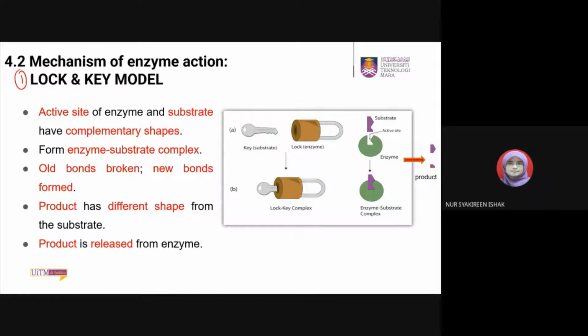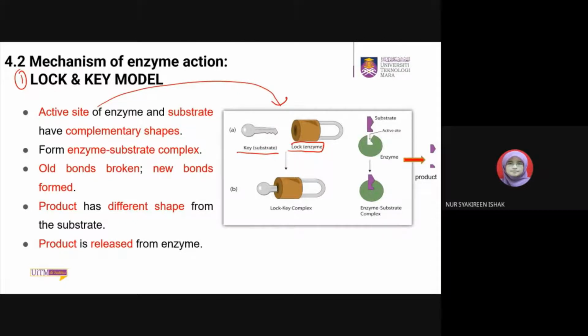It is an analogy. The active site of the enzyme will be the lock, and the substrate will be the key. The shape of the key will complement the shape of the lock. That's why it is called lock and key.